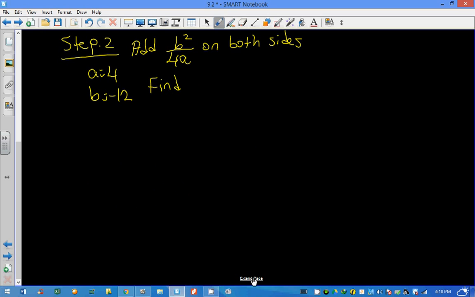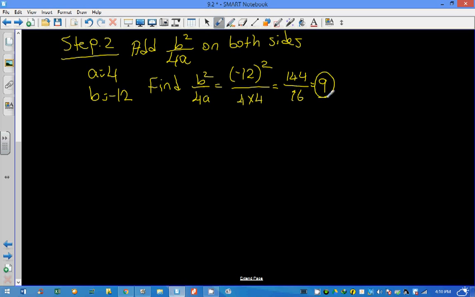So b squared over 4a, which will be equal to negative 12 to the power of 2 over 4 times 4. And this is going to be 144 over 16 equals 9.